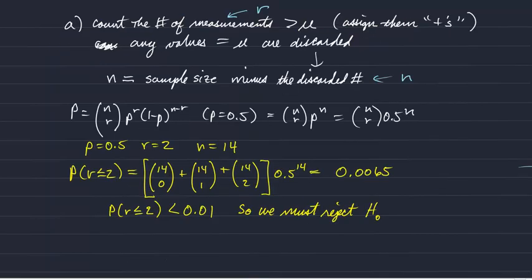Now you'll recall in the special circumstance where the sample size is large, or more formally when np is greater than 5, the binomial distribution can be well approximated by a normal distribution.